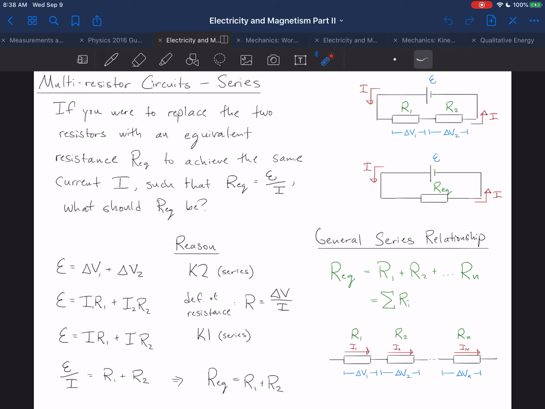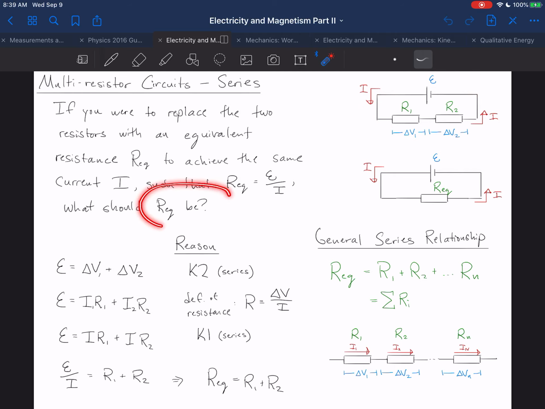And here's our central question. This is super crucial to understand what it is that we are deriving. Here's the question. If you were to replace these two resistors with a single resistance, or equivalent resistance of those two resistances, R_eq, to receive the same current I, such that the equivalent resistance was equal to the total EMF divided by I. So we want to just go from this circuit to this one.